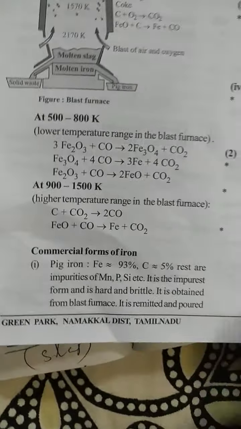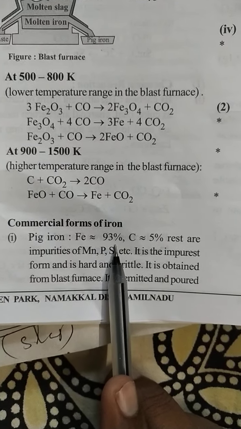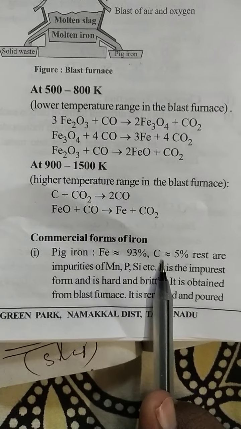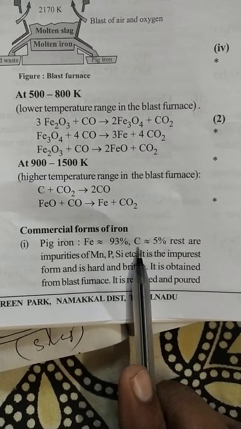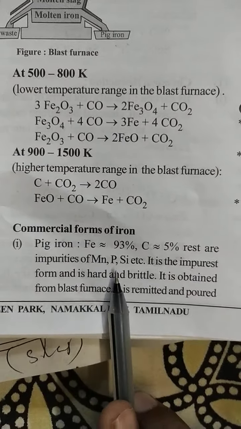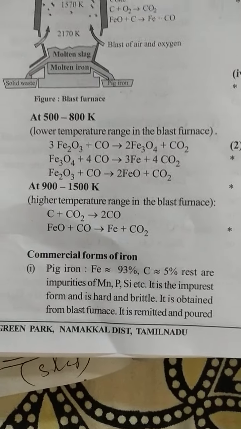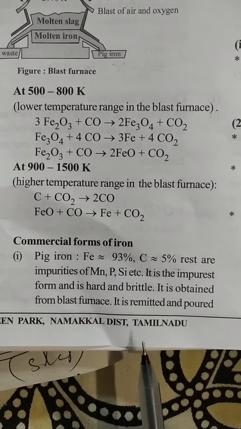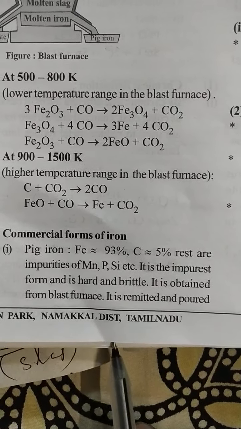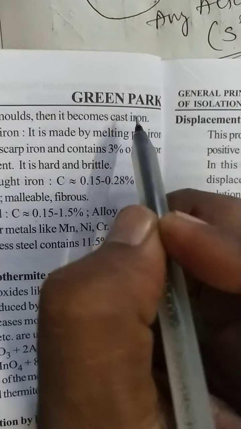So listen carefully. Pig iron means 93% iron, 5% carbon, along with manganese, phosphorus and silicon impurities. Actually this pig iron is remelted and poured into molds, then you form the cast iron.